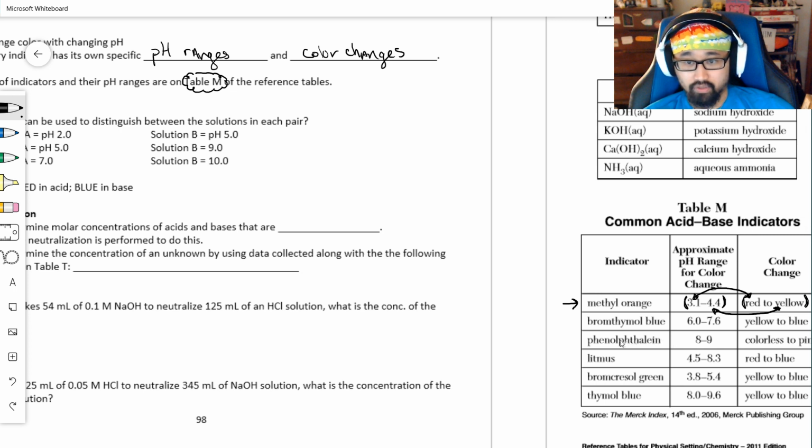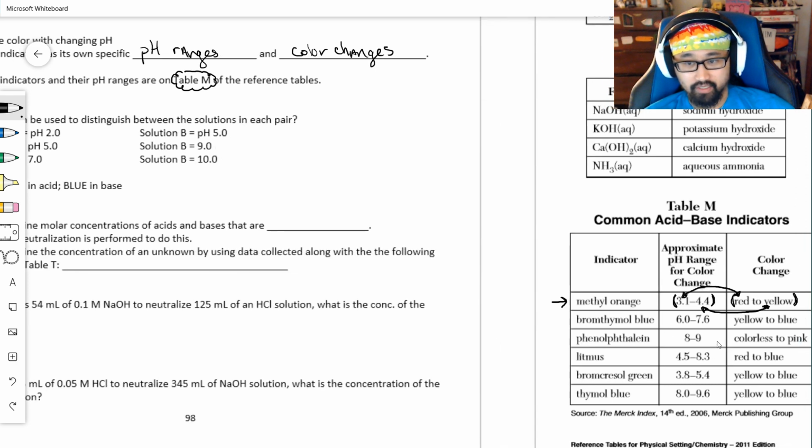I could use phenolphthalein, that's how you say this one, because on the 7 side, I'd be over here, it would be colorless, and on the 10 side, I'd be over here, it'd be pink. I could probably use litmus. At 7, it would be kind of purple-ish, but at 10, it would very clearly be blue.